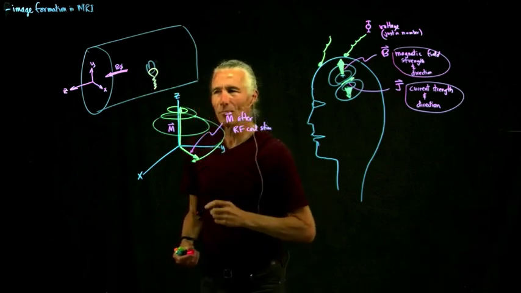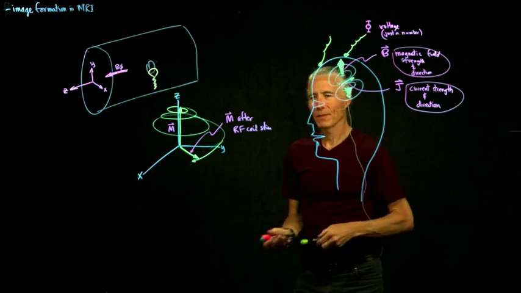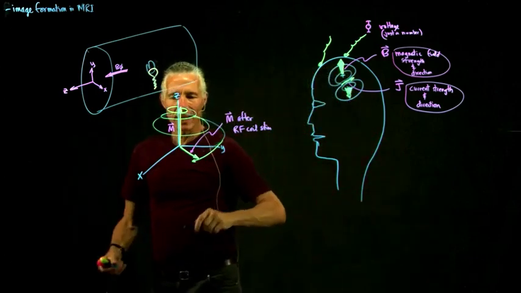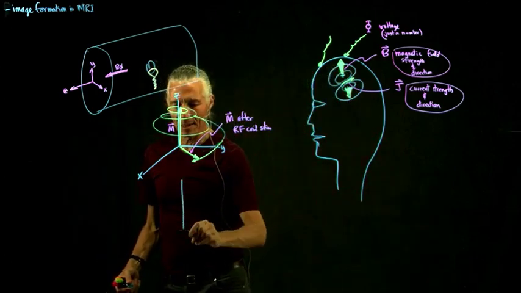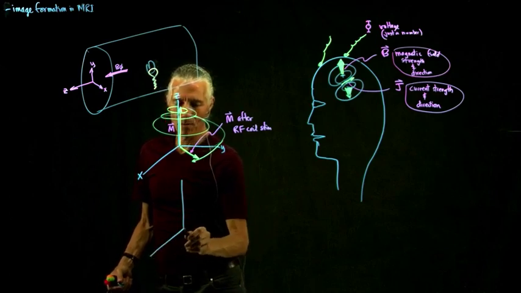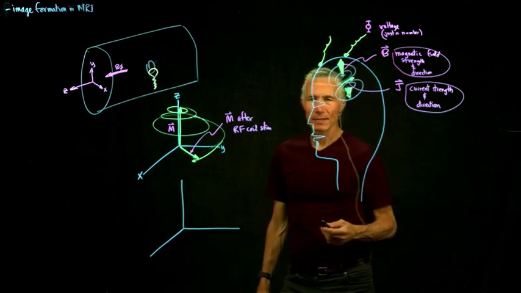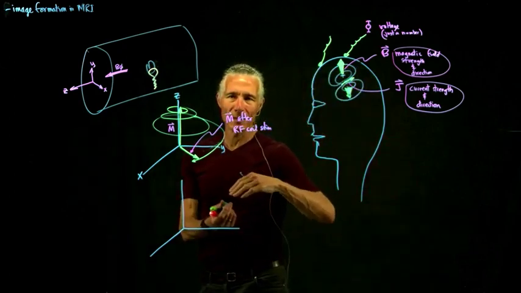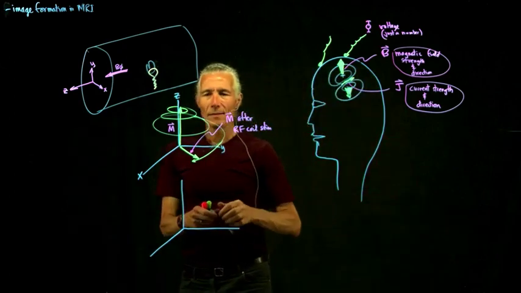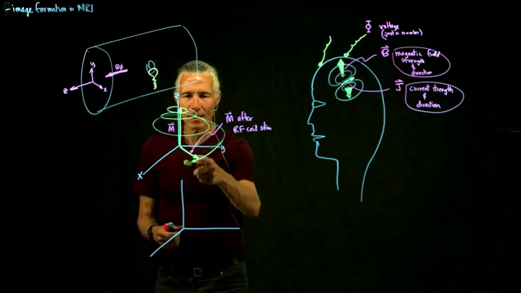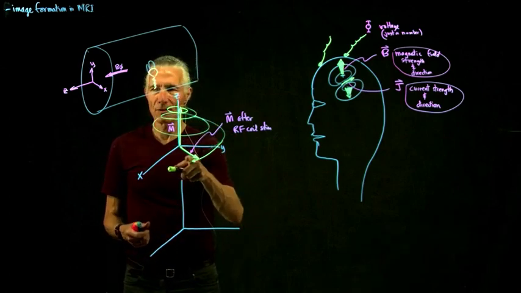Then what do T1 and T2 decay look like? The X and Y components are one of the decays, and then the Z component is the other decay, quote unquote, but it's actually a regrowth. And what does that look like in terms of what that M vector does?